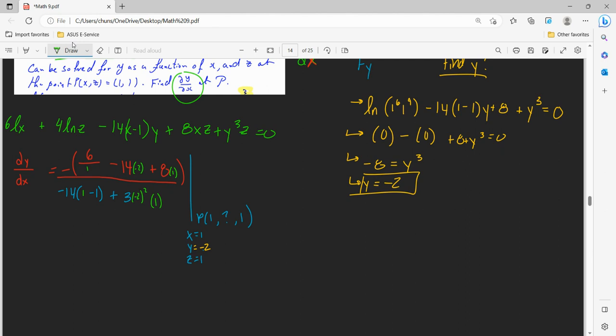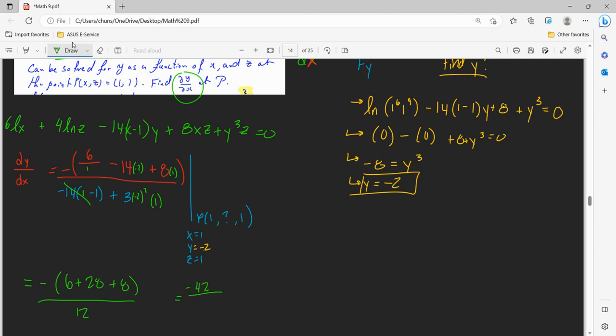Okay, so when we do this, this gives us negative 6 minus minus 28 plus 8. And this is over, so this becomes 0, and this is going to be 12 in the bottom. And this is equal to 6 plus 28 plus 8 divided by 12.